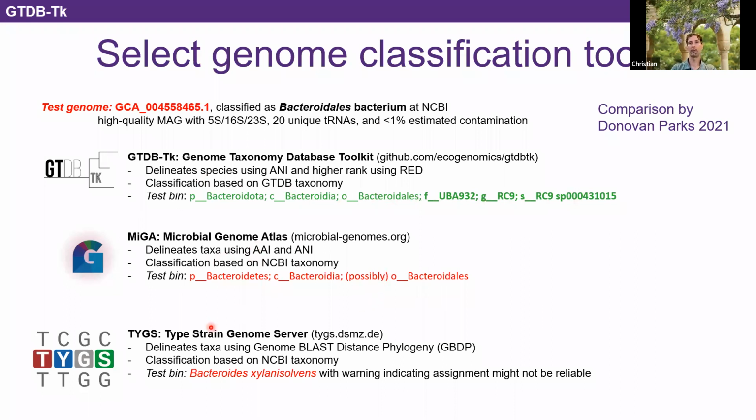Another one is TYGS, the type strain genome server, and that came up with an answer saying it's Bacteroidales xylanisolvens, with a warning indicating that the assignment might not be reliable. That should just tell you, A, you have different sources out there, and B, I'm very happy with this outcome, because I would say in this case GTDB-Tk probably gave you the most usable result.